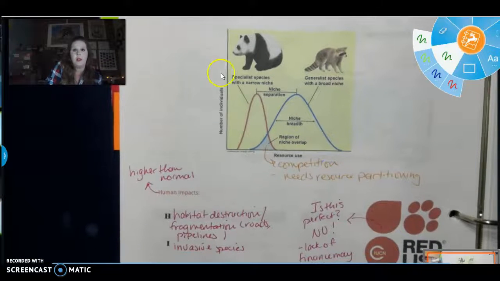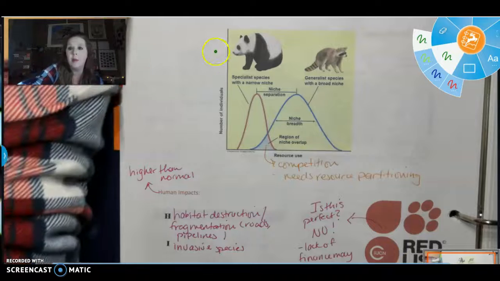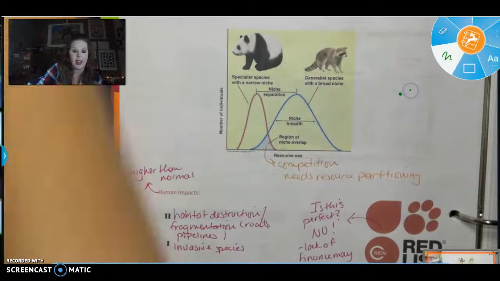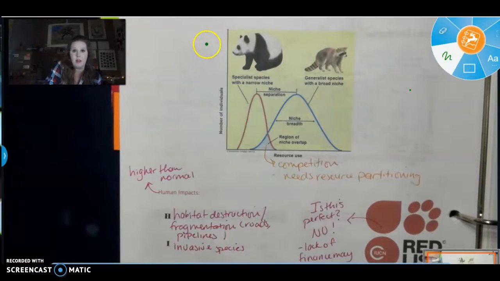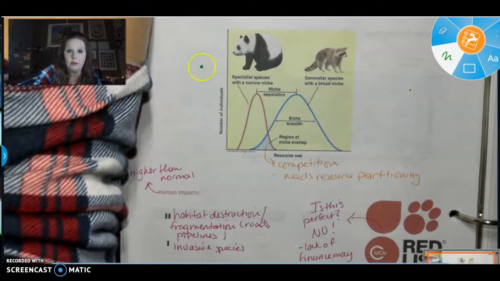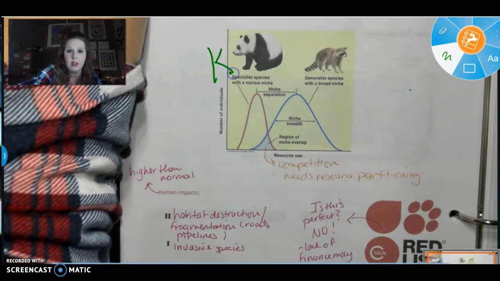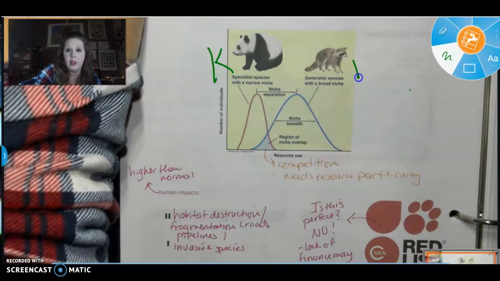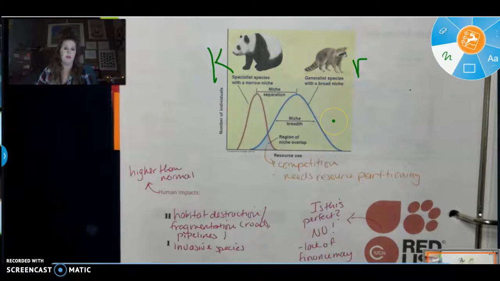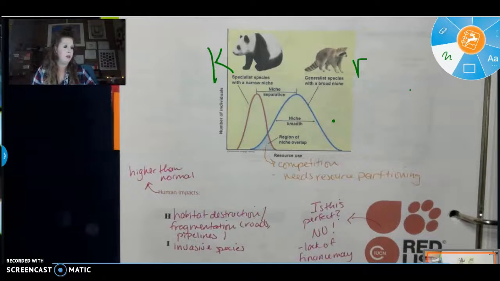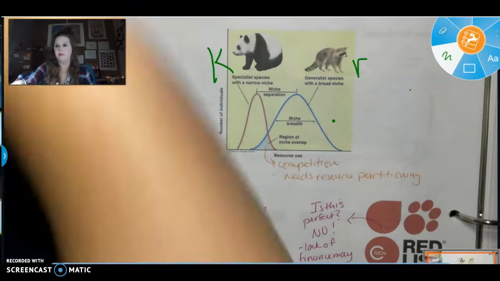Okay, so the panda is most likely going to be a K specialist because it has a much narrower niche. This one is going to most likely be an R because it's a generalist and it can pretty much live anywhere. All right, so let's move on to look at endangered animals.